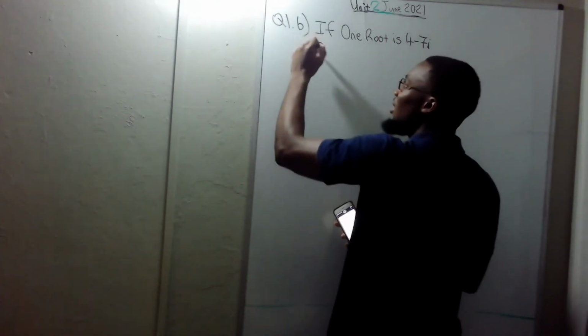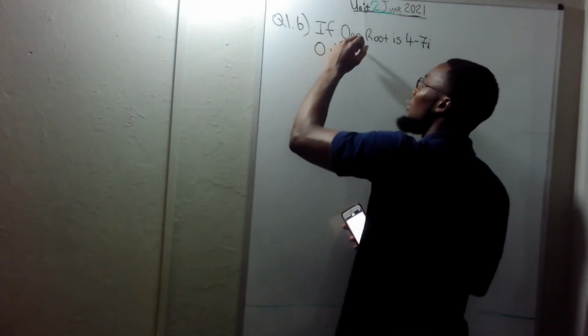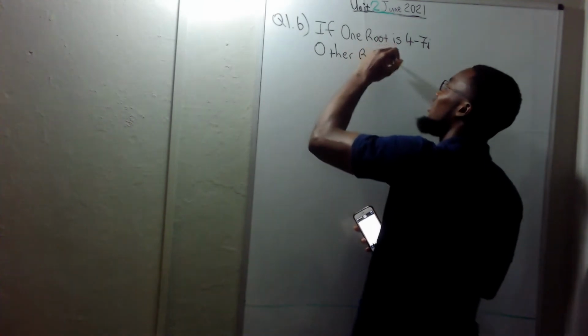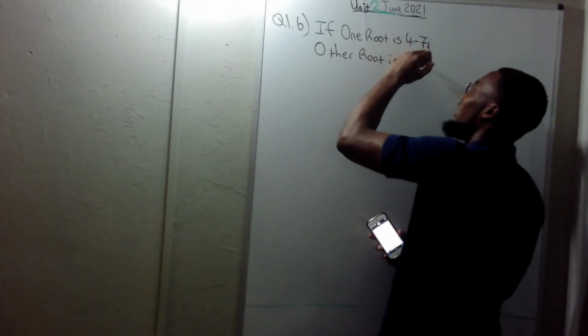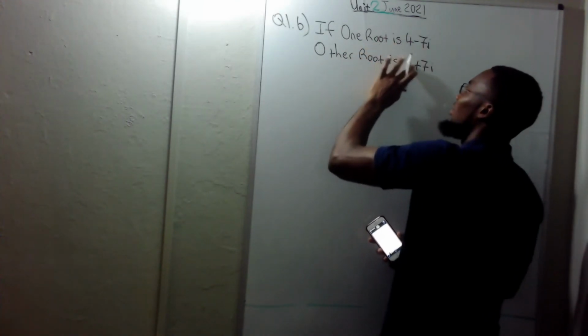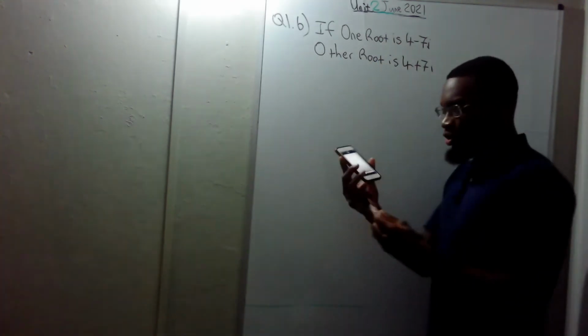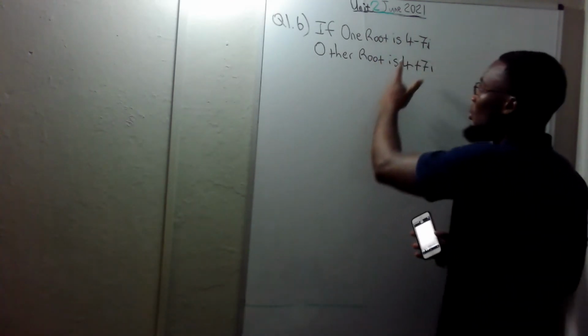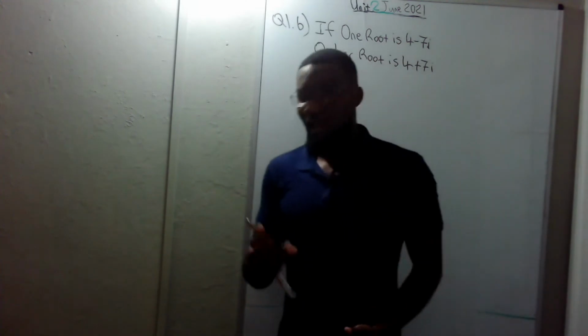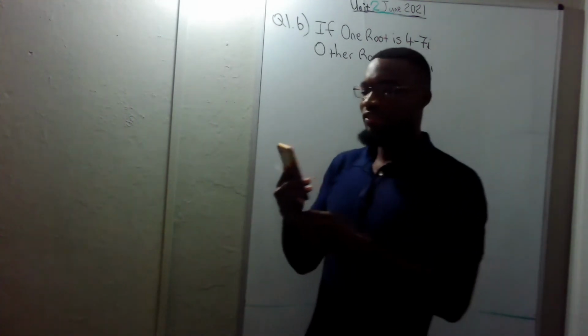So what this means is the other root is 4 plus 7i. So one root is 4 minus 7i, the next root is 4 plus 7i.